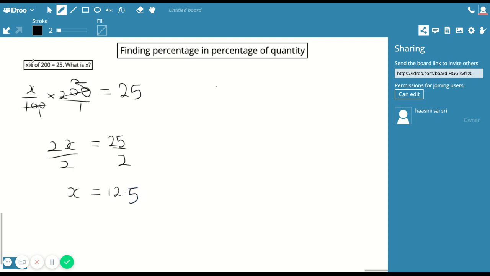So what is x? X is 12.5 or 12.5%. Now I can say that 12.5% of 200 gives me 25.